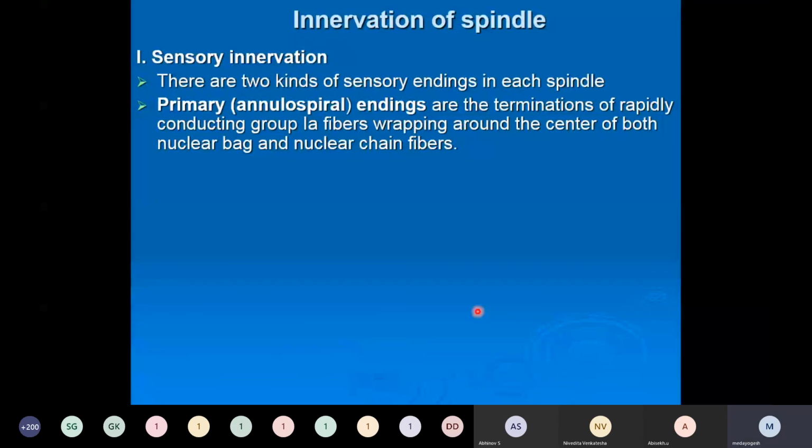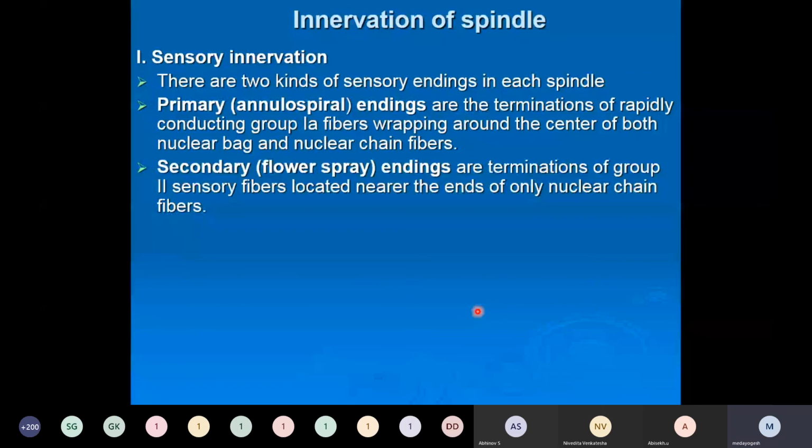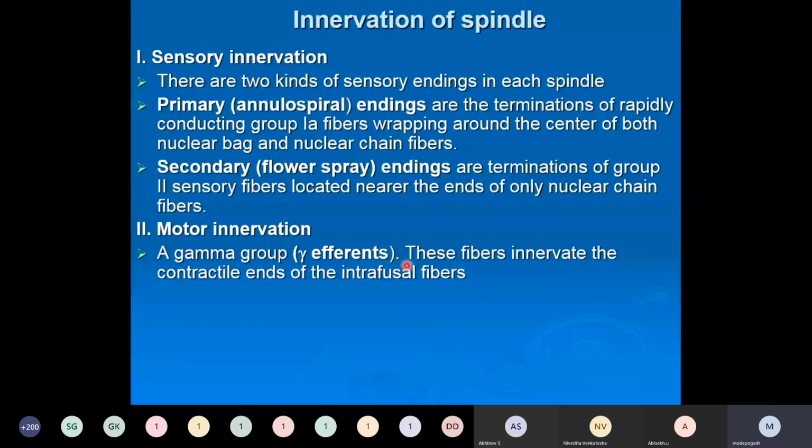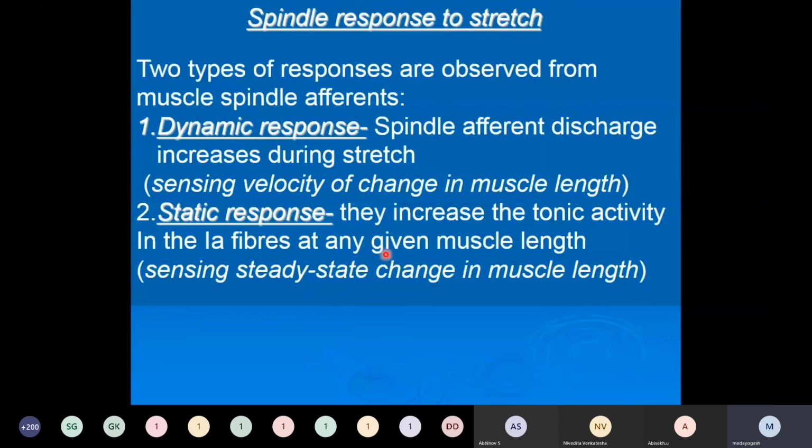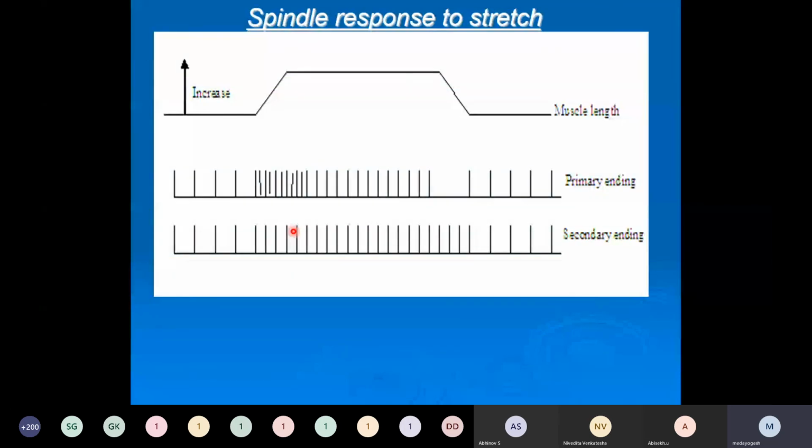The sensory innervation: primary is the annulospiral endings, secondary the flower spray endings; motor innervation: the gamma efferents. About the dynamic response and static response, you will be learning in the upcoming classes.